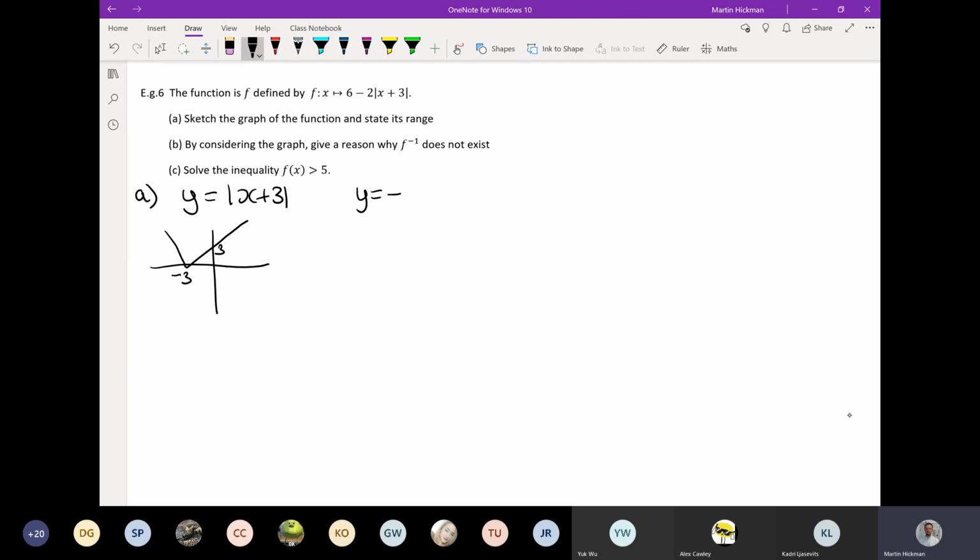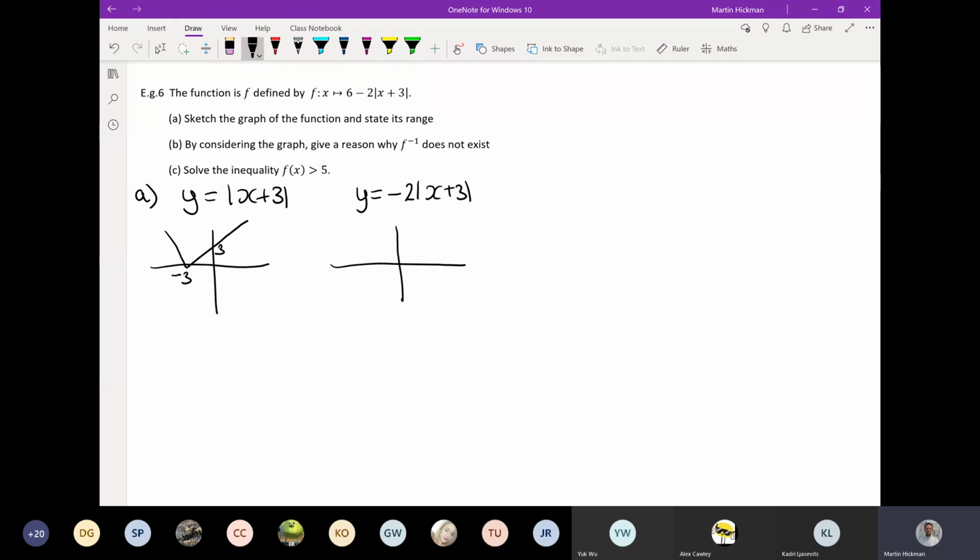Then I'm going to do -2. Do the multiplication first. Think about BIDMAS. You're timesing all your y values by -2. You work out modulus of x plus 3 first, and then you times your y values by -2. It's just a bit like when we do a transformation.